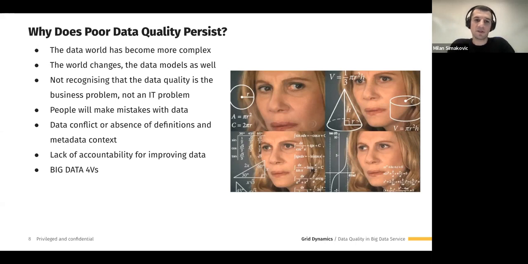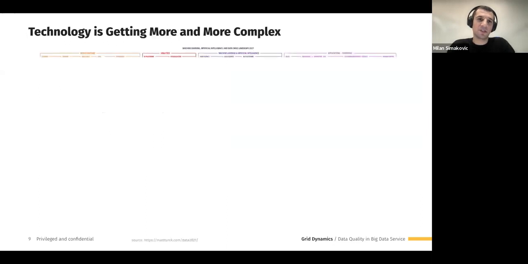Of course, almost all the 4 V's from big data: volume, variety, veracity, and the fourth one, can bring such problems.